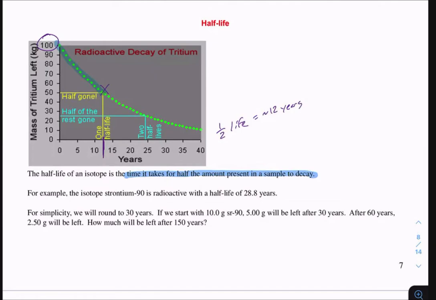Now, the half-life should be constant. Meaning, if it took 12 years to change from 100 to 50, then half of 50 is 25, so the time it takes to go from 50 to 25 should be the same, 12 years.